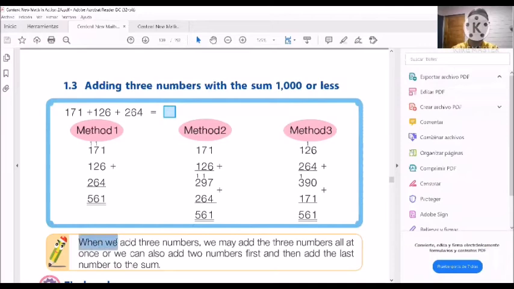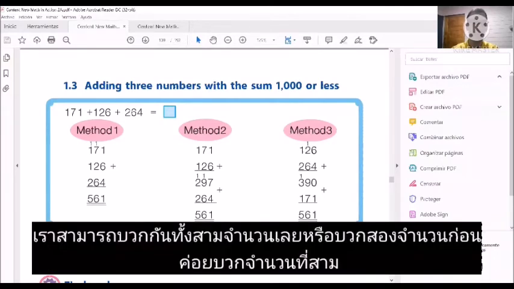When we add three numbers, we may add the three numbers all at once, or we can also add two numbers first and then add the last number to the sum.